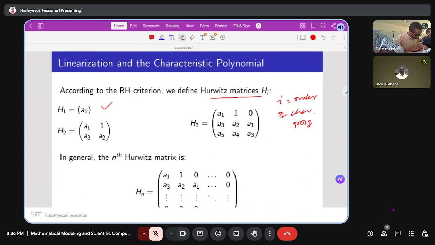If the characteristic polynomial is order 2, which is quadratic, we can write A1, 1, A3, A2, which is the 2 by 2 matrix. And if it is a cubic polynomial, then we can write the Routh matrix A1, 1, 0, A3, A2, A1, A5, A4, A3.